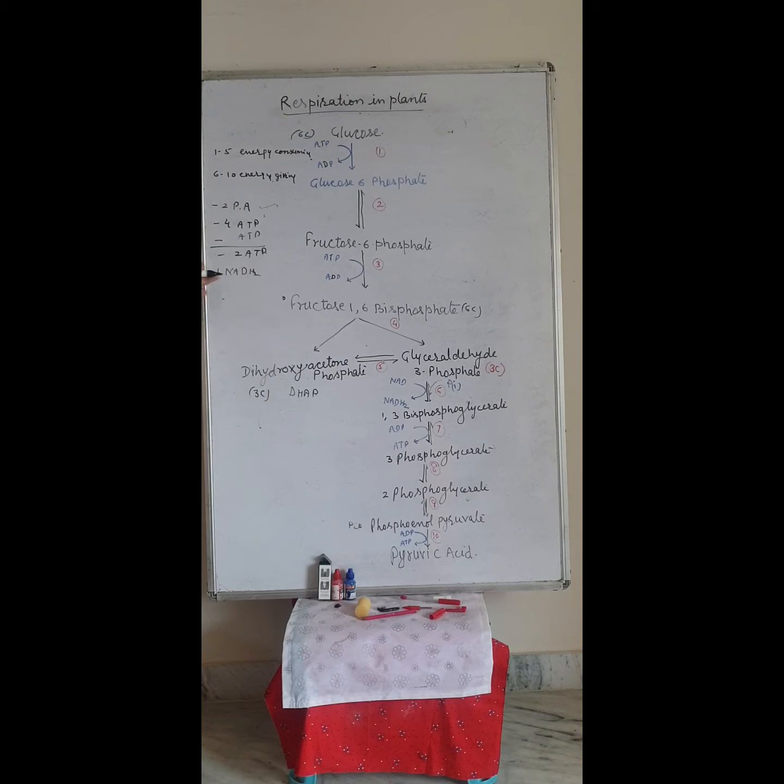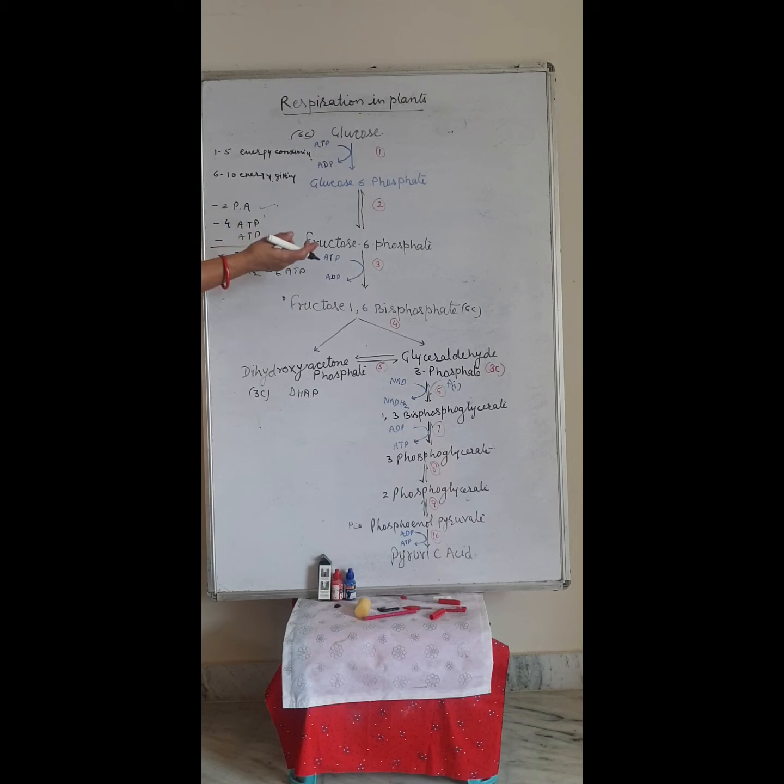1 NADH2 provides 3 ATP molecules. So 2 NADH2, 1 from here and another from the other reaction, means 6 ATP we get from the NADH2. But there is a difference between this and this ATP. ATP is the energy currency.